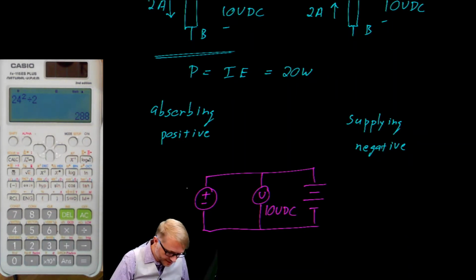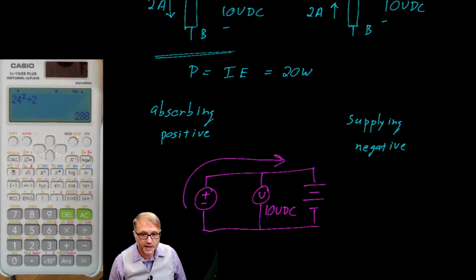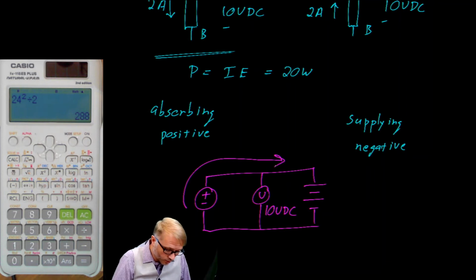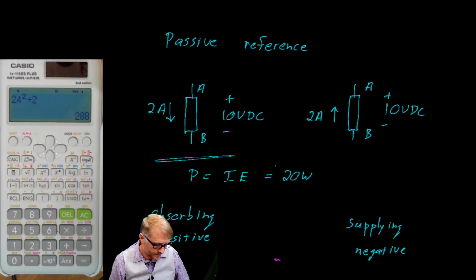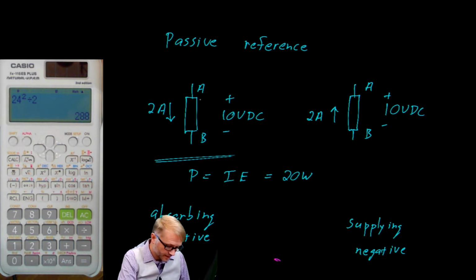If we assume there's a current flow in this direction, we can see that one of these is supplying energy and the other is absorbing. Again, going back to our references, if we have a voltage A with respect to B, and there's a current flowing in the direction of A to B, we call that absorbing.